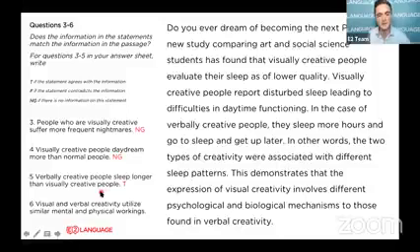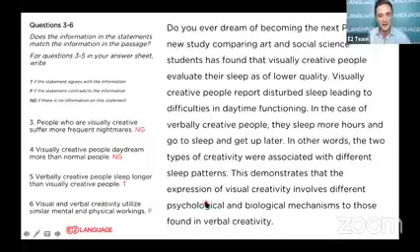Verbally creative people sleep longer than visually creative people. True. Number 6, visual and verbal creativity utilize similar mental and physical workings. This is this final sentence here. This demonstrates that the expression of visual creativity involves different psychological, mental, biological, physical mechanisms, workings. There's our synonym that we learnt before.